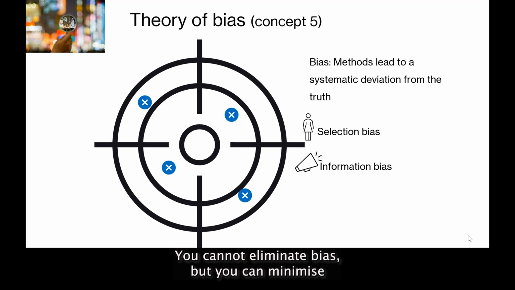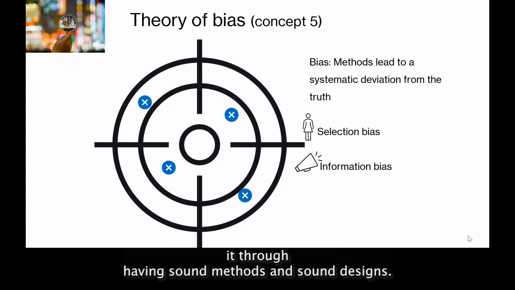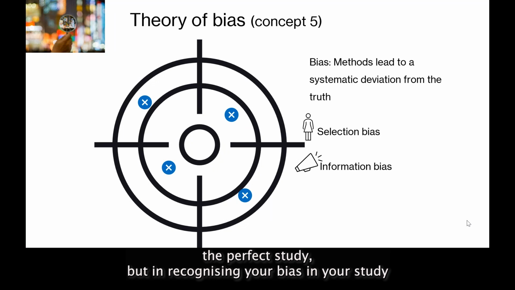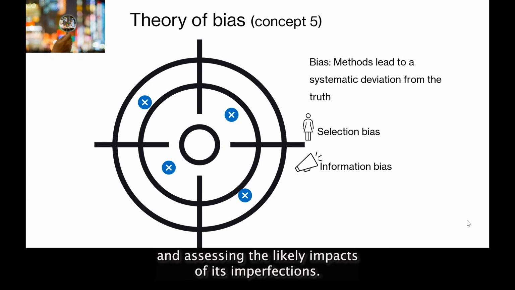You cannot eliminate bias, but you can minimize it through having sound methods and sound designs. So the skill is not in conducting the perfect study, but in recognizing the bias in your study and assessing the likely impacts of its imperfections.